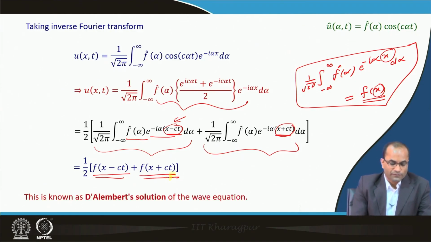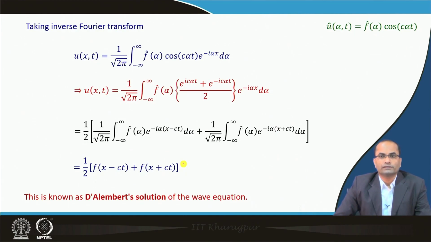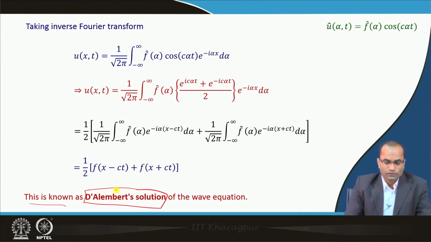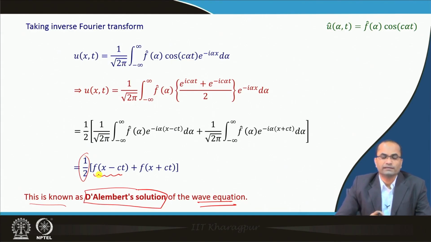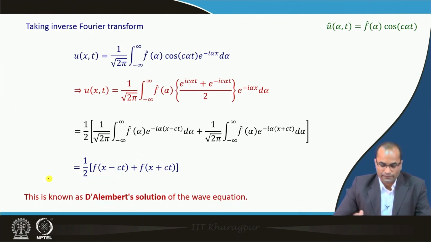So, that is the solution now of the given differential equation, the given wave equation, and this solution is known as the D'Alembert solution of the wave equation. So, here it is just the average, 1 by 2 of f evaluated at x minus c t and x plus c t. So, all this information is available, and this is exactly the unknown u x t we have evaluated.